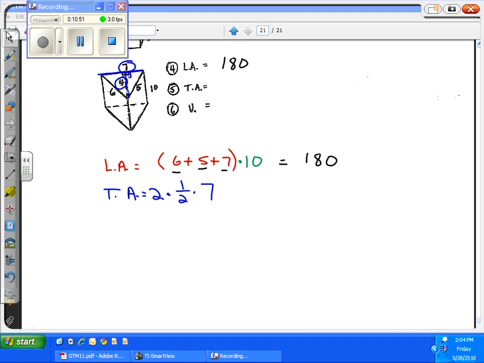That's 2 times the area of the bottom, which gives you the top and the bottom. You add that to the lateral area of 180 and you have the total surface area. So 2/2 is 1 whole. 1 times 4 is 4, times 7 is 28, plus 180 is 208 for total area.